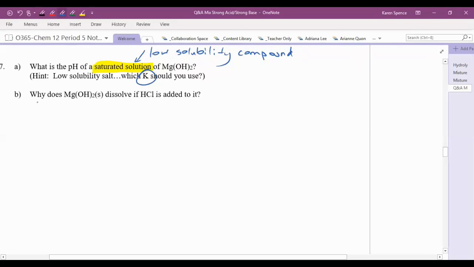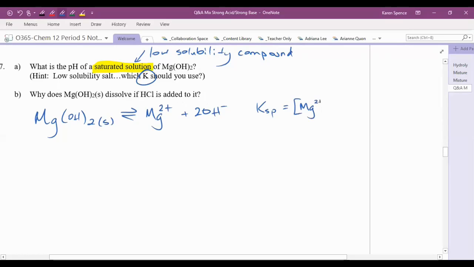The reason being that if we have Mg(OH)2, if we put our solid on the left and our dissociated ions on the right, when we actually do our Ksp expression, we're going to get a nice tidy Mg2 plus times OH minus squared.